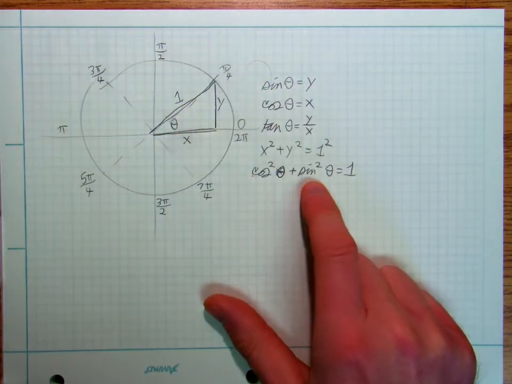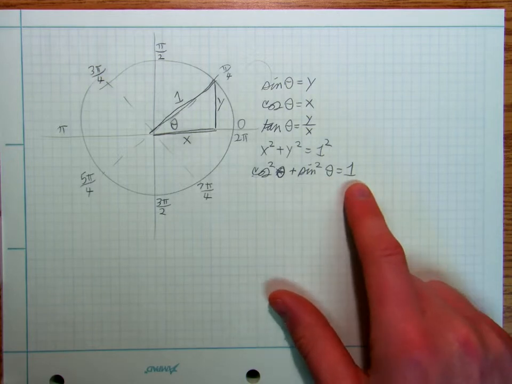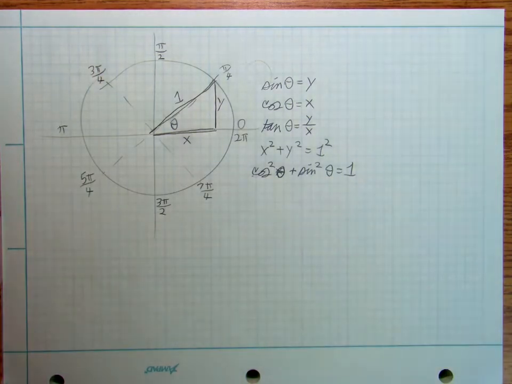Cosine squared of an angle plus sine squared of an angle equals 1. Okay.